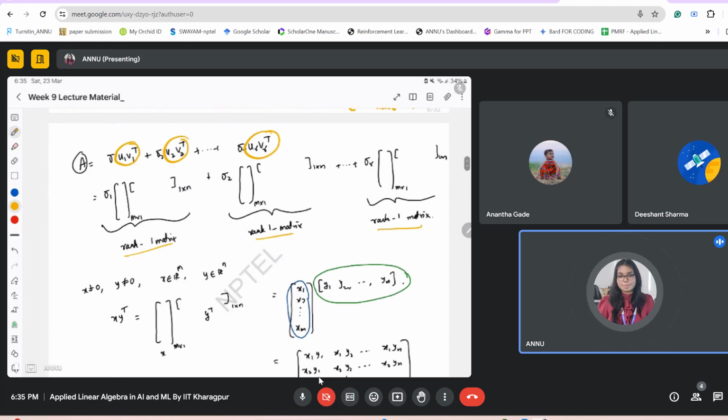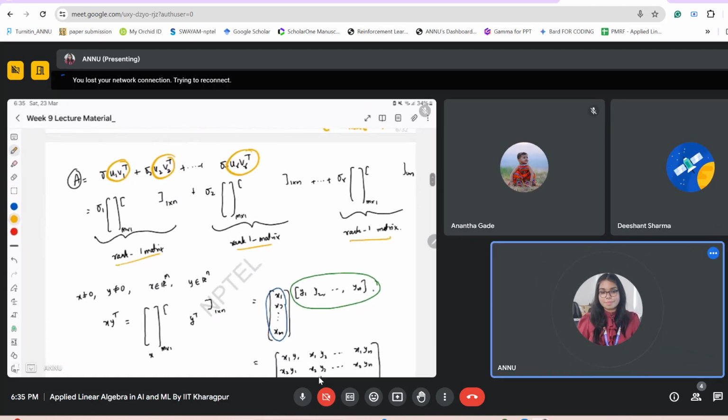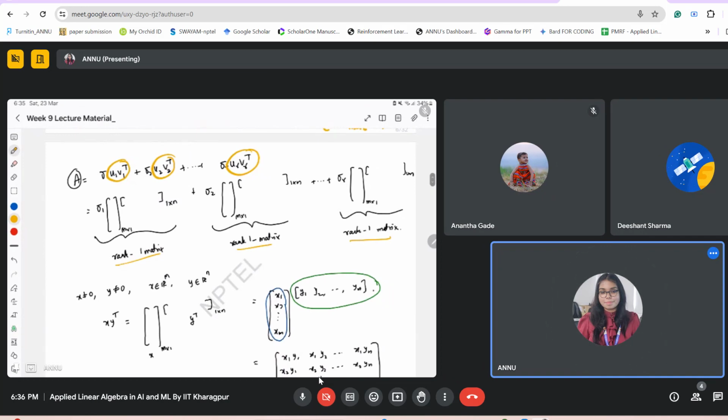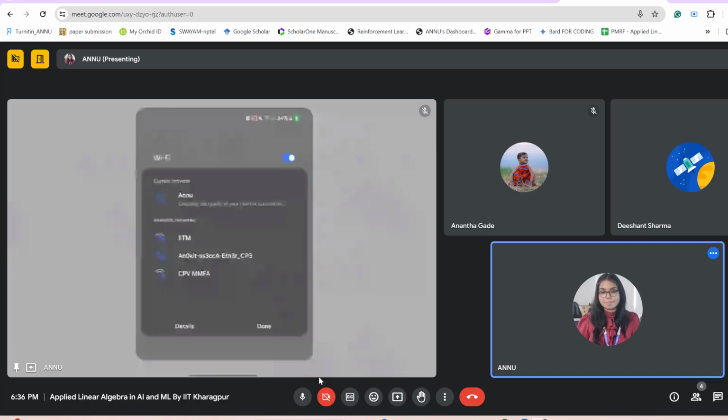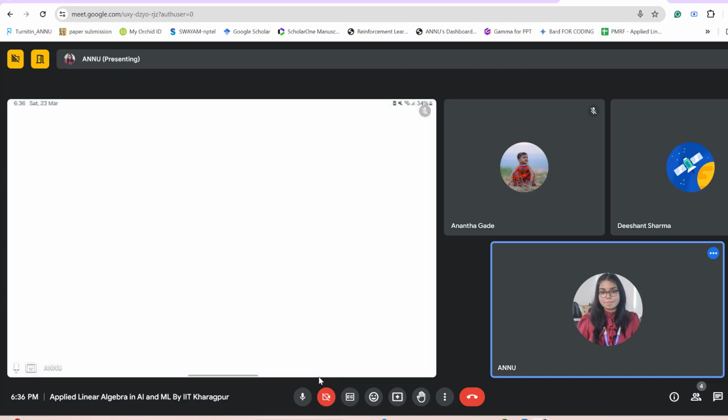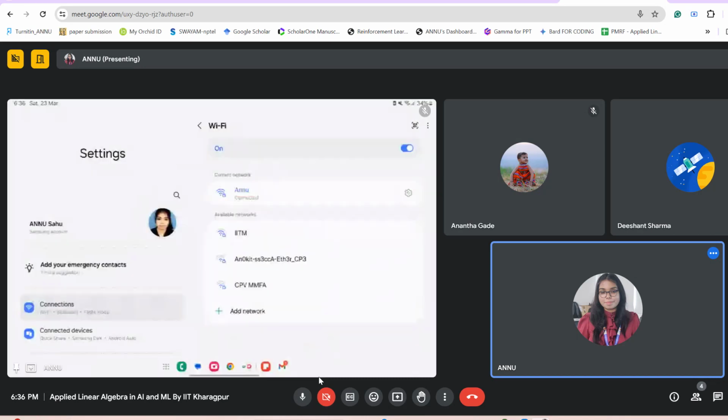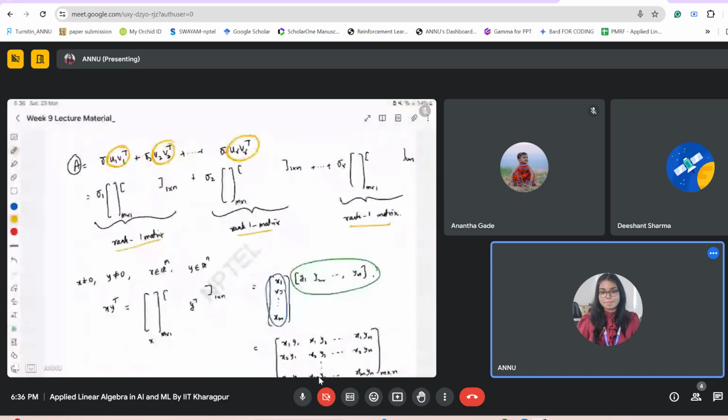In week 3 or 4, we saw why we were doing LU decomposition and QR decomposition. In that also, the main problem was that we could not determine, we were not able to find the inverse of a matrix.